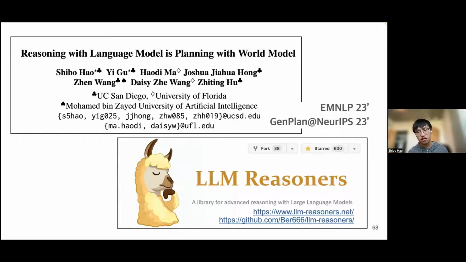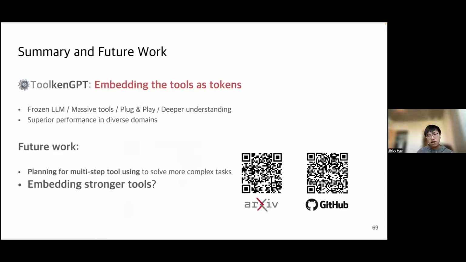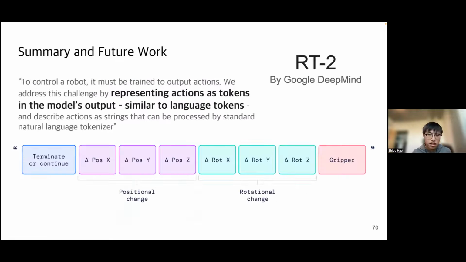So it's worth exploring which components are most important in this process of search. Also, since we have this framework of embedding tools, it's interesting to see whether we can embed stronger tools instead of basic operators or knowledge-based relations.